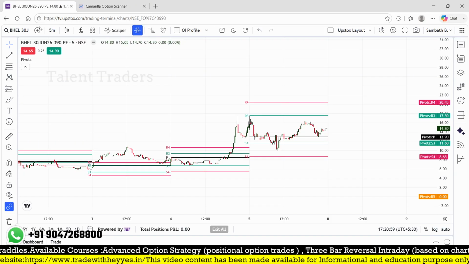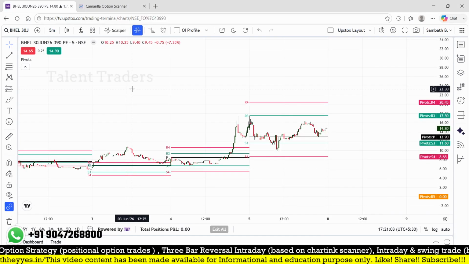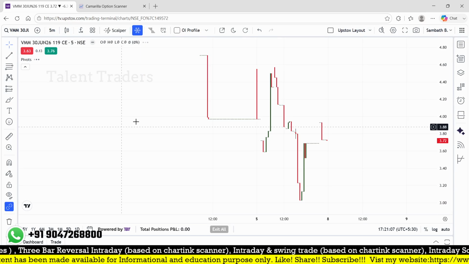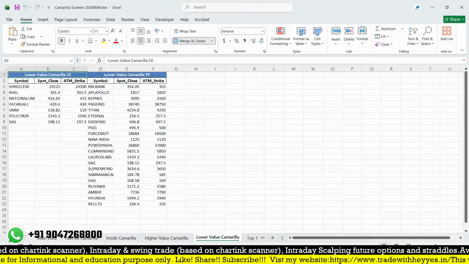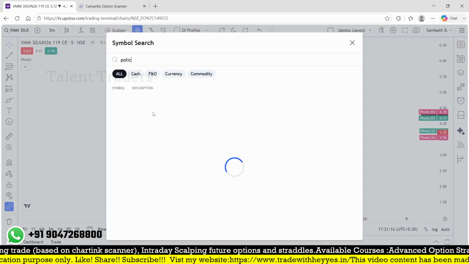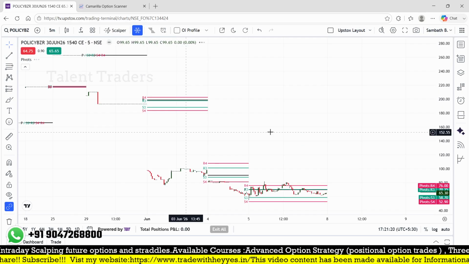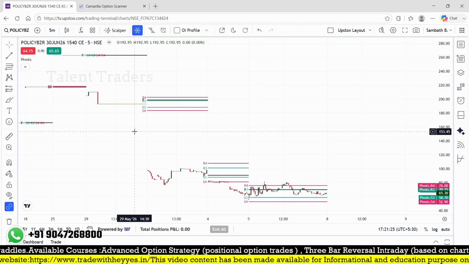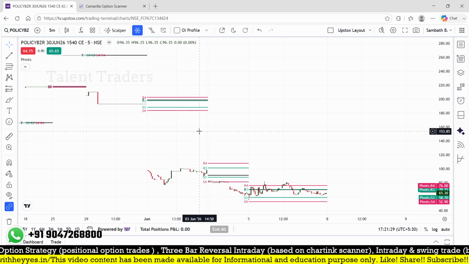So it is selecting an ATM strike price. So let me check some other, VMM 119. That's also not liquid. Policy Bazaar 1540. This is comparatively downside. So that is what a lower value is. Previously, the one we saw was a higher value. Okay, so 3 consecutive lower values, but it's a liquidity issue.